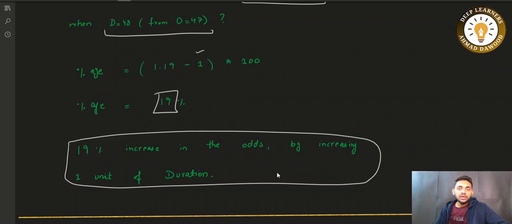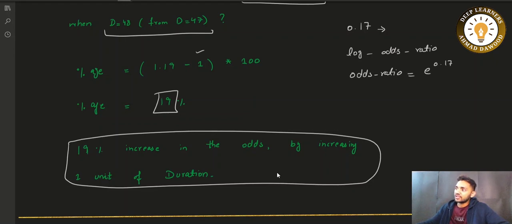Understand? This is how you can interpret your coefficient. Your coefficient was 0.17, and you got an idea that it's the log of odds ratio. If you want to see the odds ratio, it will be e raised to the power 0.17.